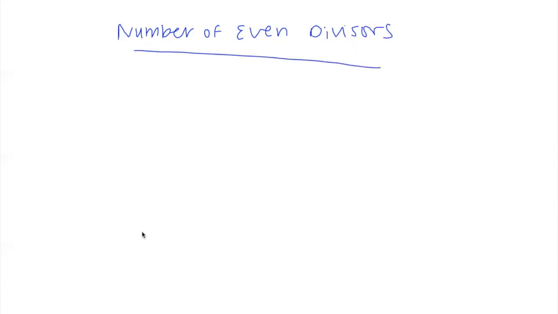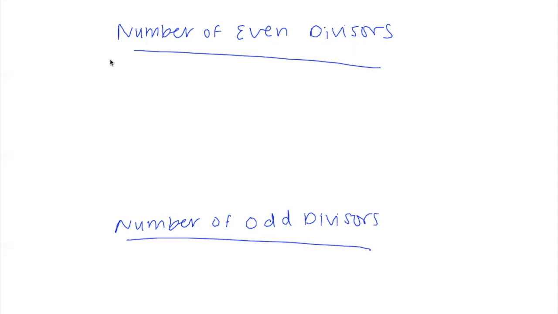All right, so now there are some caveats to it. So there's the number of even divisors, and the number of odd divisors. Everything is pretty much the same thing about having to factor.